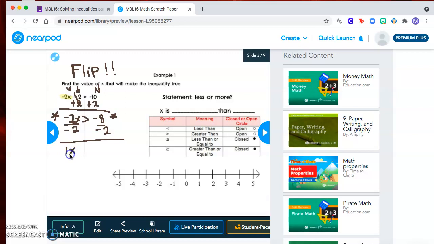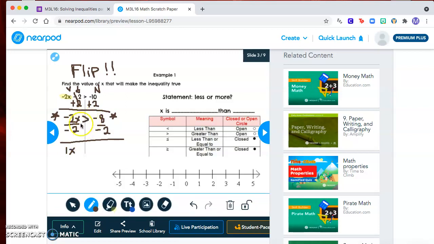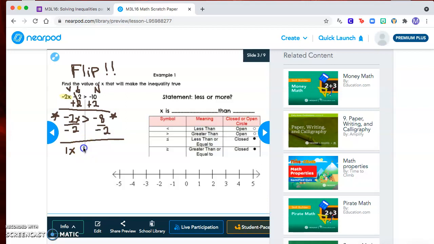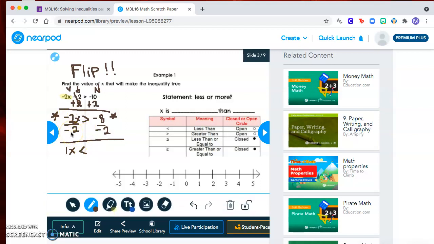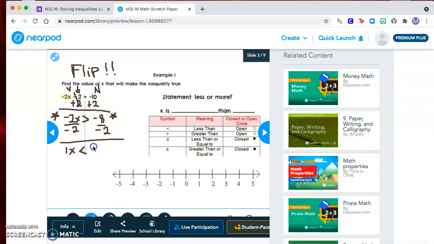Now, because I divided by a negative number, this sign is going to flip.